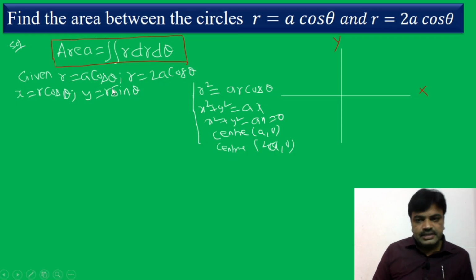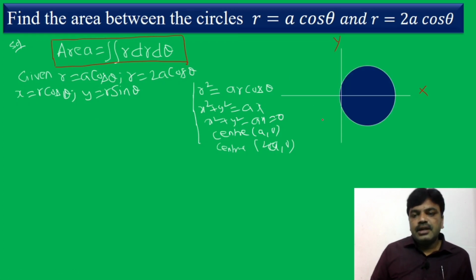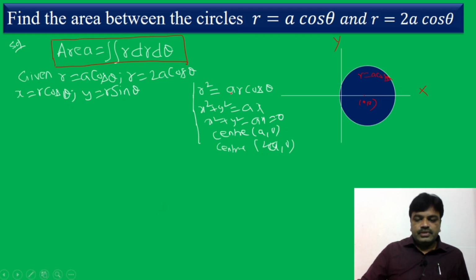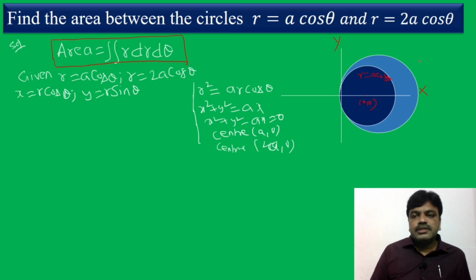This is the circle r equals a cos theta, with center a comma 0. Now draw another circle, r equals 2a cos theta, with center 2a comma 0.